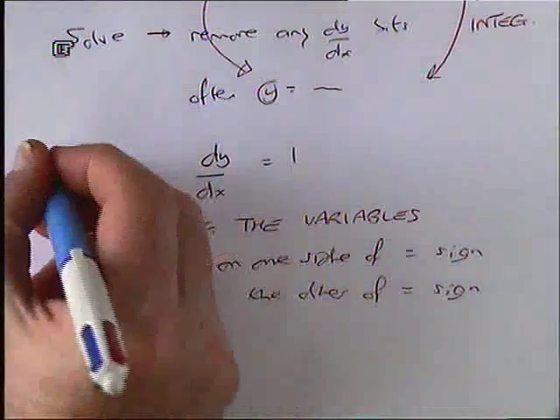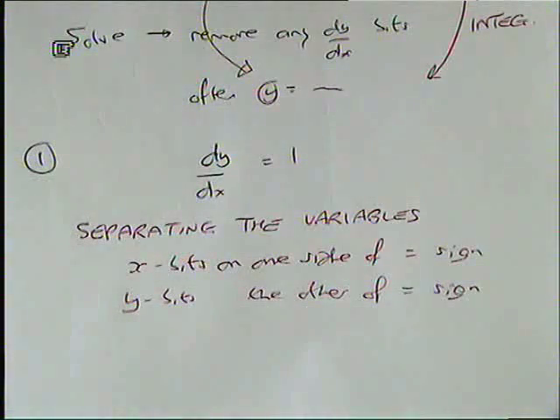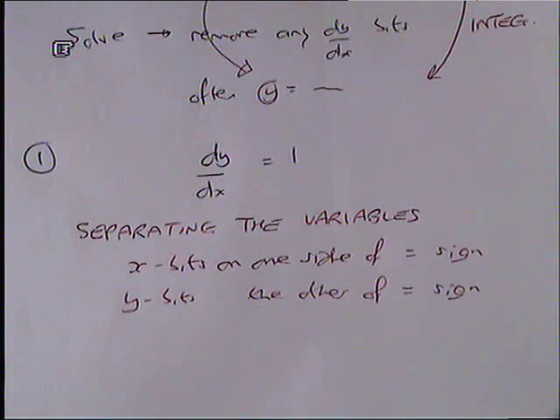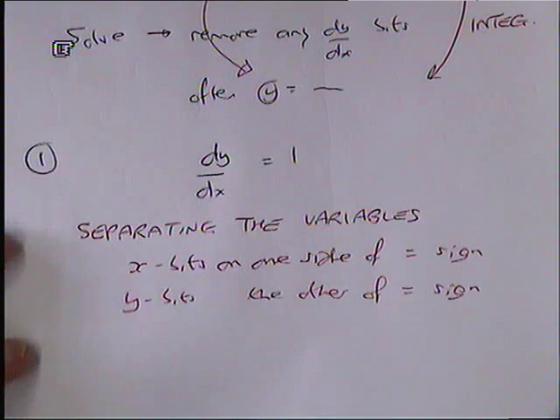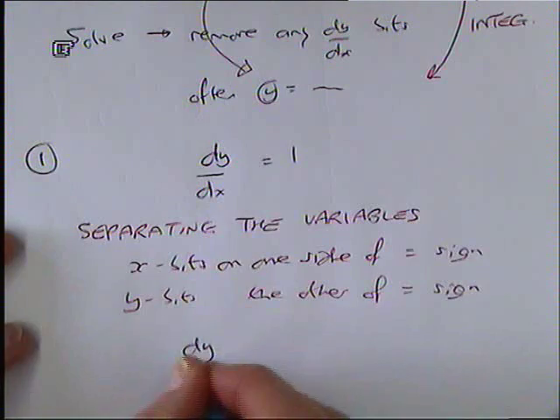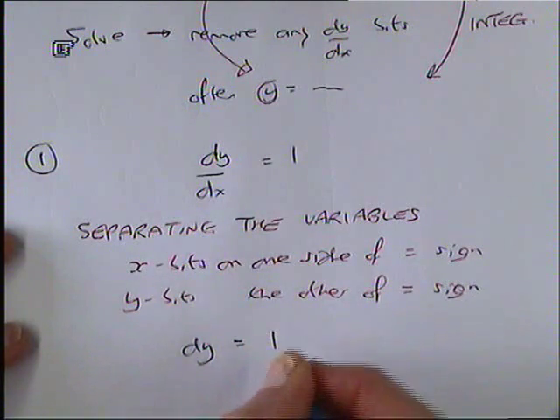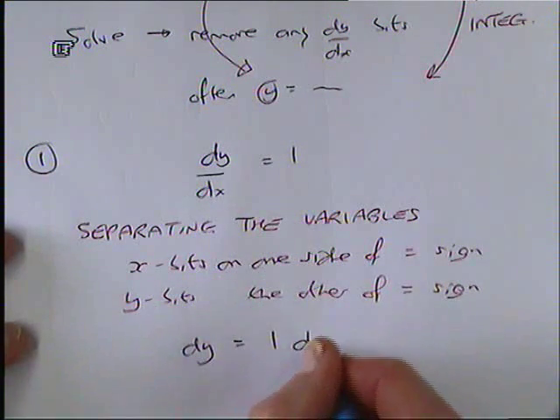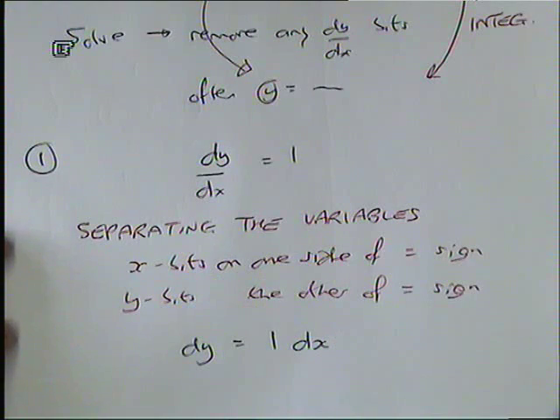So we will call this example number 1. If I separate those out, so I put x bits on one side and y bits on the other side, what is the easiest way to do that here? Times it by dx. Yeah, shift that dx over there, times it by dx. So the left is just dy, the right, 1 is there, and the dx goes there and multiplies.